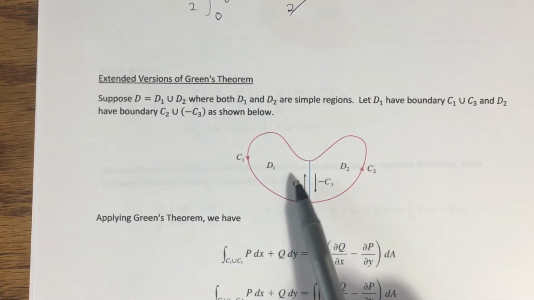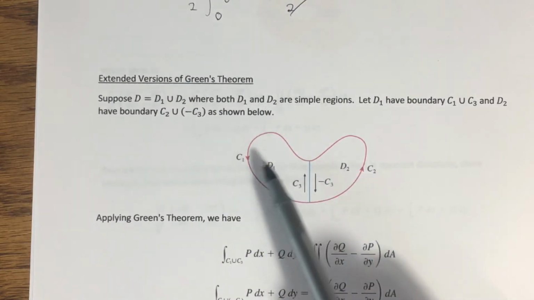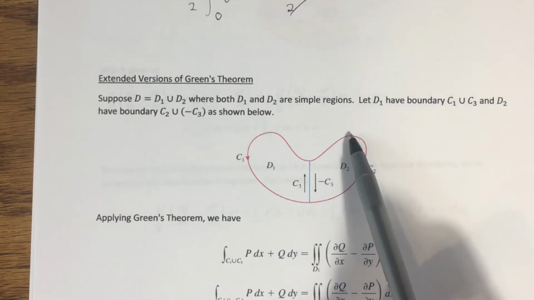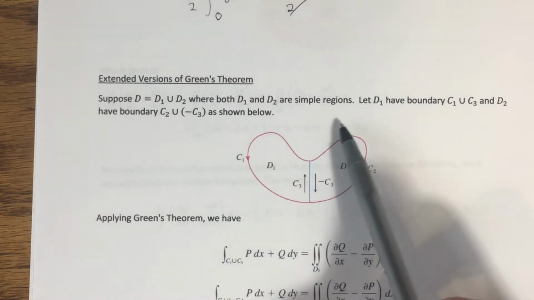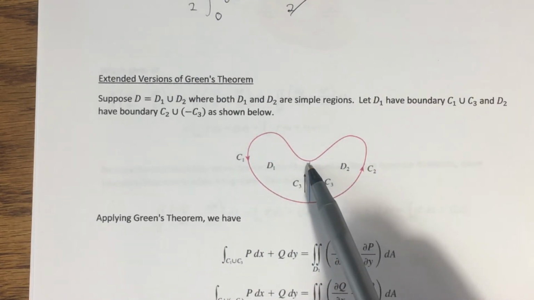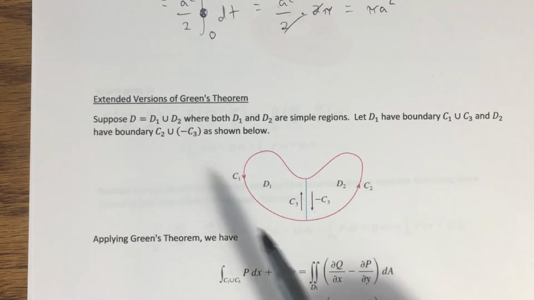So in this case, we have this kind of peanut-shaped region that we want to use in Green's theorem, and suppose the region is not a simple region, but maybe I can split it into two simple regions by putting a line in here.